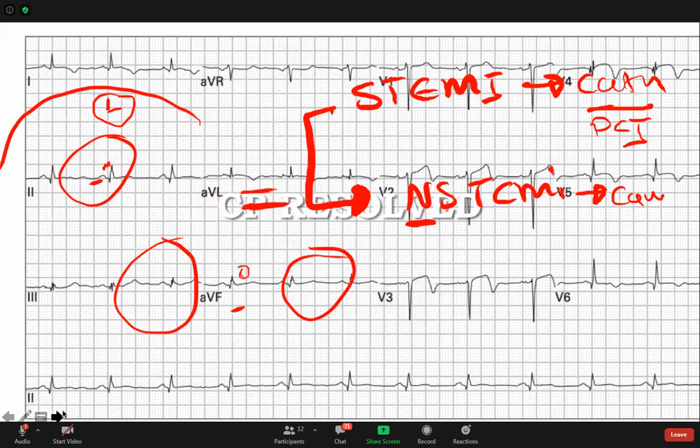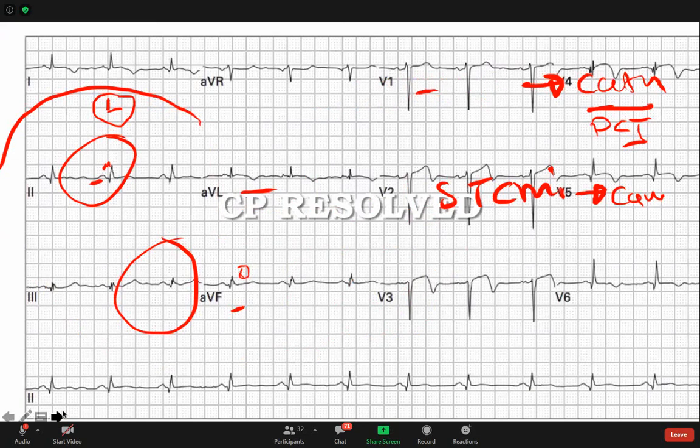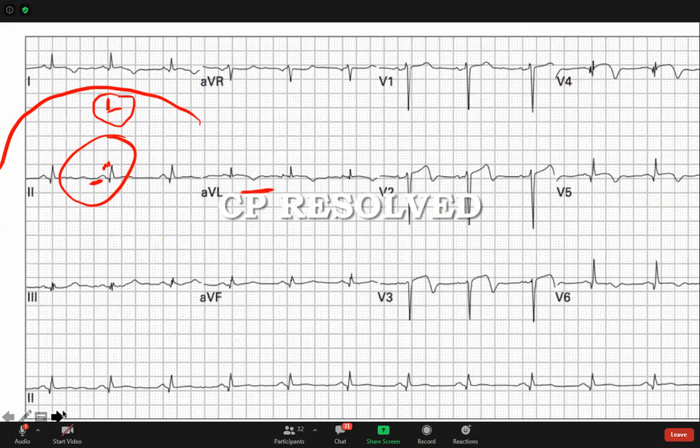Sorry, just let me erase this. طيب let's do systematic way of reading the ECG. مين متبرع يحاول يجرب؟ يا شباب I want to read this ECG. طيب بما انك قلت انها صعبة تعال اطلع معك. You try it. I'll tell you it's not hard أبدا.